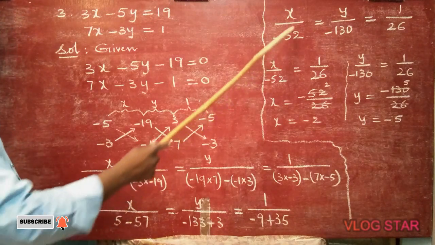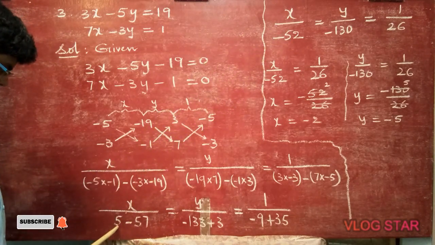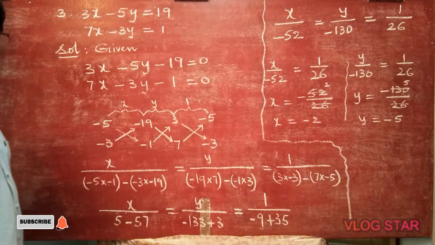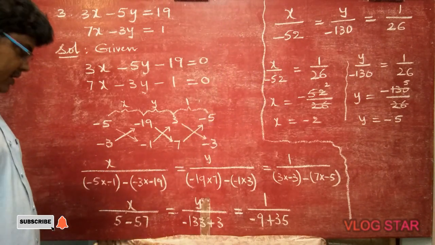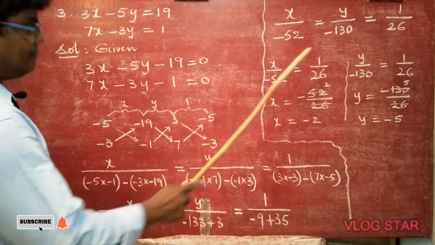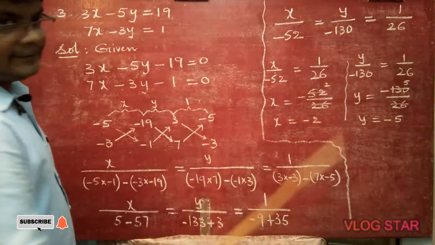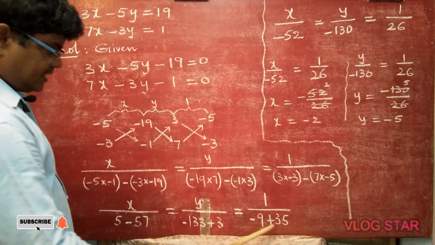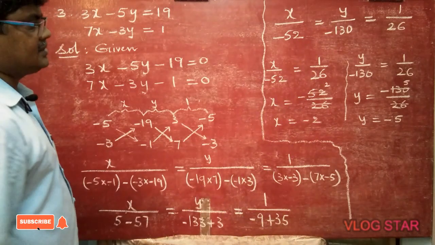Now simplify. x by 5 minus 57, minus 52. I need not explain for every problem, you know integers, how to solve. y by minus 133 plus 3 is minus 130, is equal to 1 by 26. 35 minus 9 is 26.